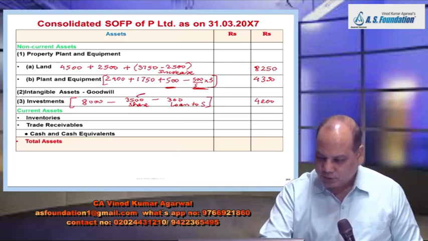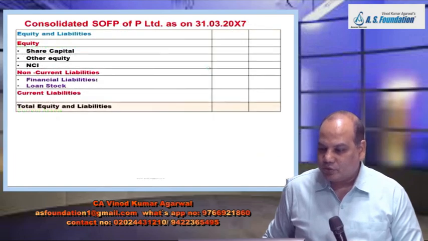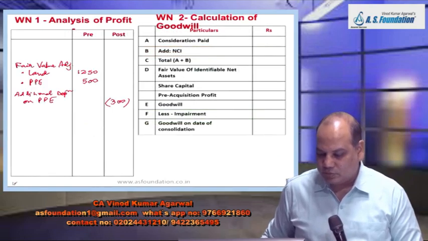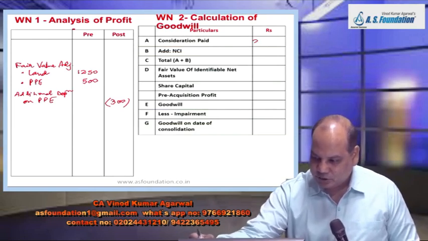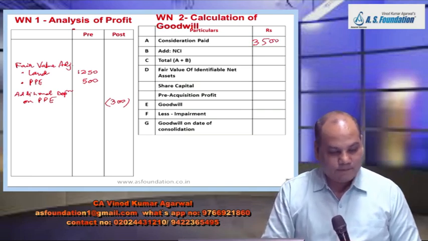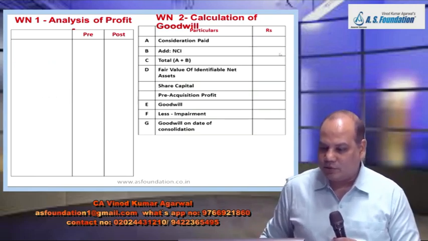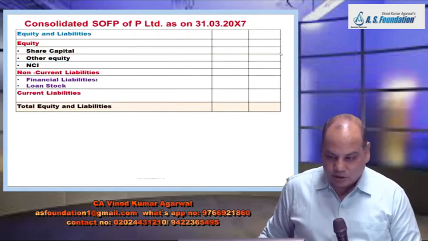This 3,500 is the cost of investment in shares, so that you write in the goodwill working note. Consideration paid, 3,500. And this 300 we will deduct from loan on the liability side. Okay.